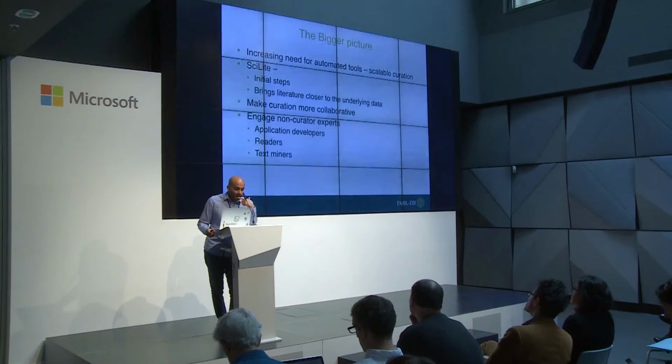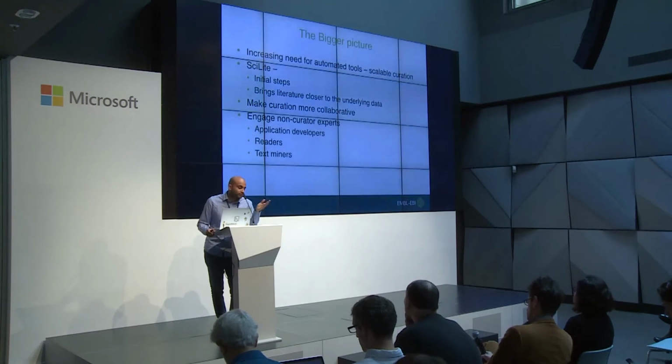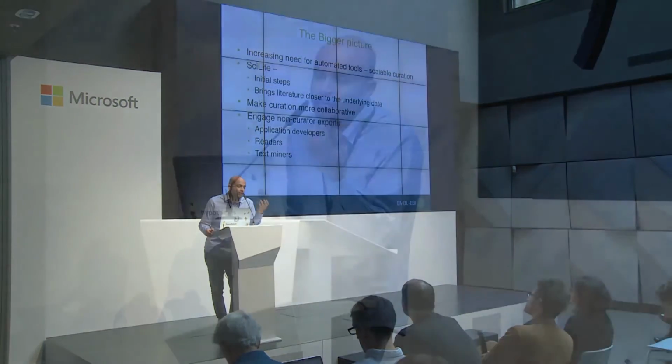So with SciLite, we have made the initial steps to bring the literature data close to the underlying data. And we would like to make this more of a collaborative effort where the curators take an active part in the annotations and in sharing the annotations. And also we would like to engage with other groups, not necessarily from the curation community.